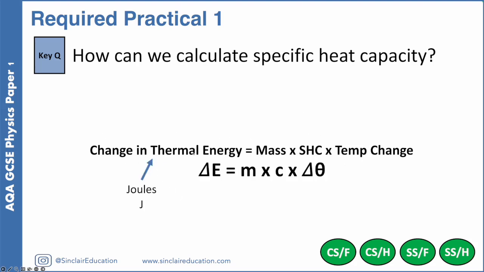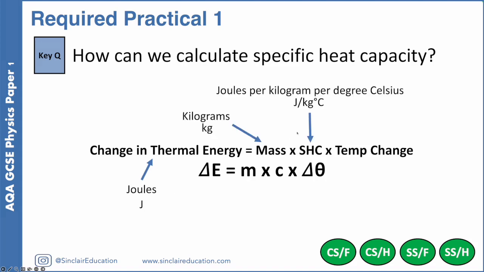As a reminder, energy is measured in joules, mass in kilograms. Specific heat capacity is joules per kilogram degree C. This unit comes from the rearranged version of this equation: joules divided by these two values multiplied together. And temperature change we measure in degrees C.